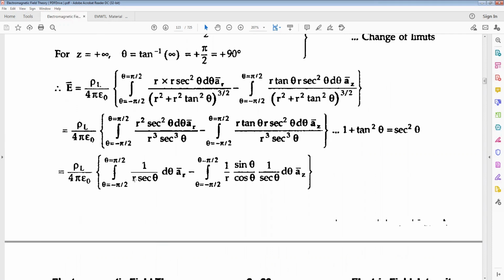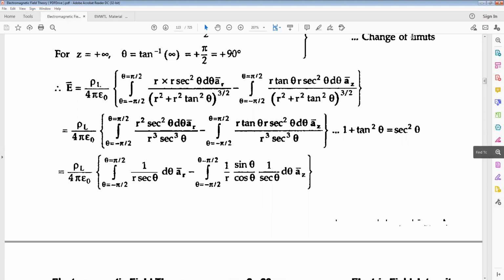The d theta is equal to 1 by r secant theta, nothing but cos theta. And similarly here also, sin theta by cos theta is tan theta, and 1 by secant theta is cos theta. Cos theta gets cancelled. The integral of sin theta is minus cos theta. We can substitute the limits of plus pi by 2 and minus pi by 2.